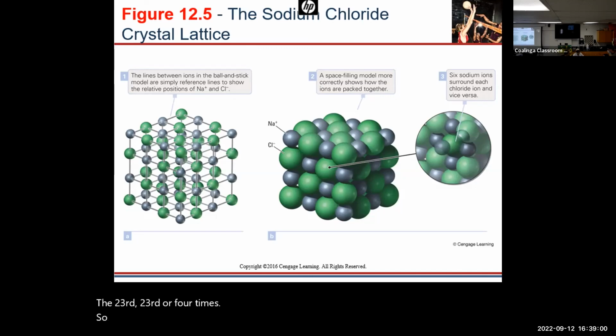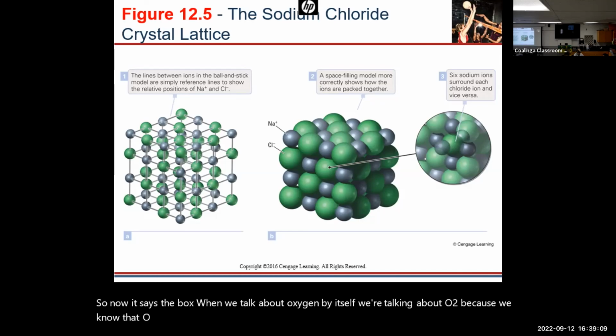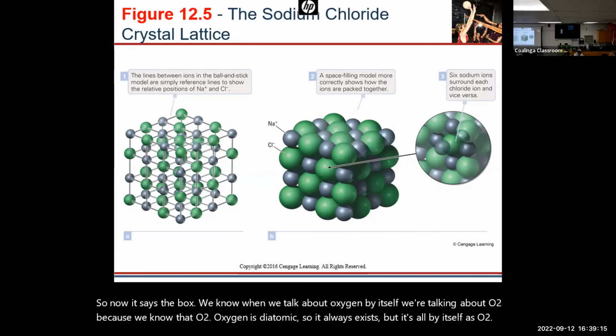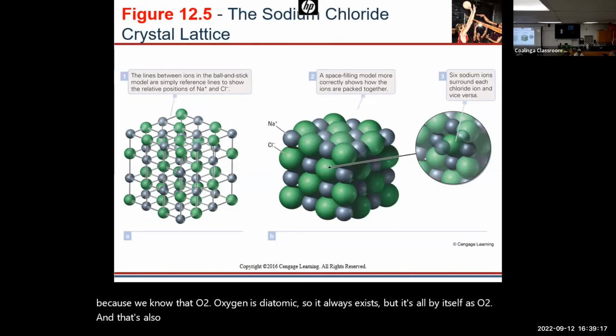Now, it says oxygen. What number do we know of moles? When we talk about oxygen by itself, we're talking about O2, because we know that oxygen is diatomic. So it always exists by itself as O2. That's also part of the reason why they say molecules, because otherwise we would say atoms.